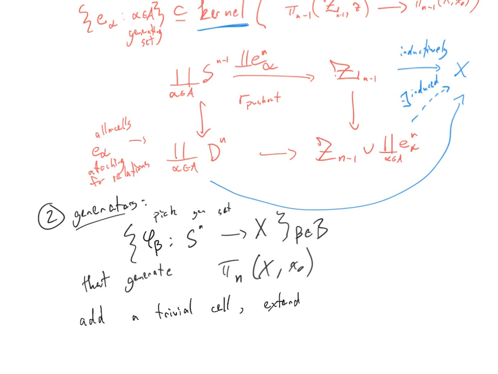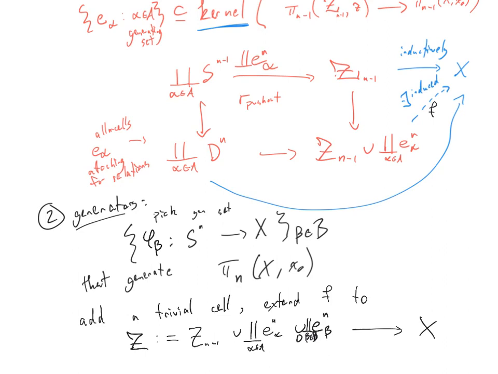Let's just call this F. Extend F to Z n minus 1, union all these alpha in A, E n alpha, union all of these new cells, E n beta in B, but which are all being attached trivially, along the 0 map, to get this new map, and this is going to be Z to X.